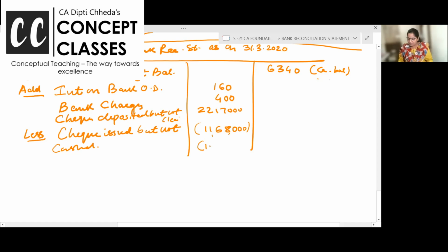So what will I do? Less. 12 lakhs less, and I will call it interest on investment. Less. I think we have done with.